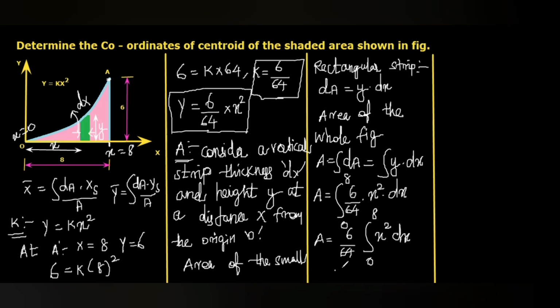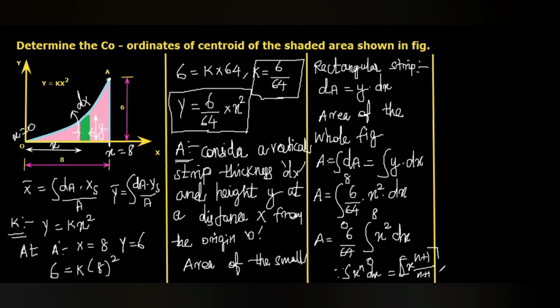We know the formula, integral of x power n dx is x power n plus 1 by n plus 1. So here n equals 2. So we will get x cube by 3 when you integrate the equation.